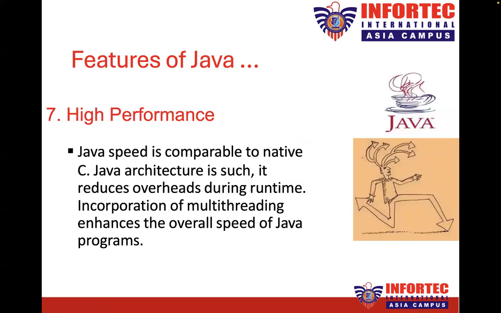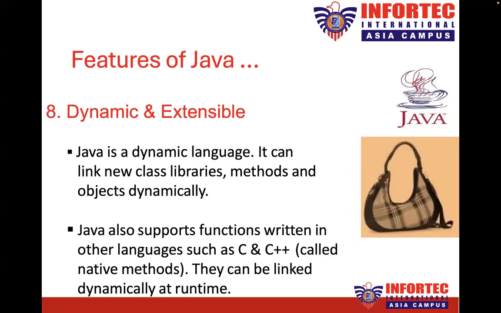Then the next feature is high performance. Java is a high performance programming language, so it always gives you the highest performance. So we use Java as a programming language. Dynamic and extensible.